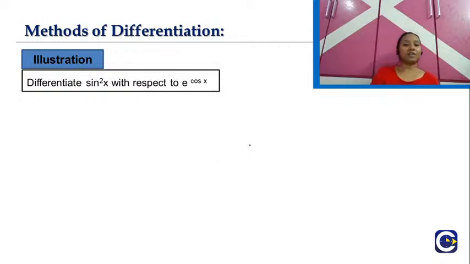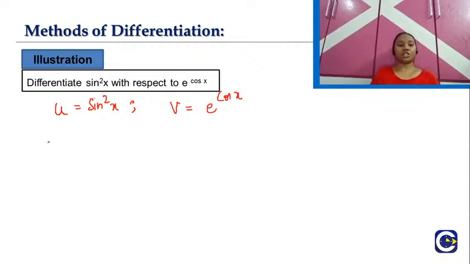So here they have given a question: differentiate sine square x with respect to e power cos x. Let your u function be sine square x, and your v function be e power cos x. So you have to find the differentiation of u with respect to e power cos x, which means with respect to the v function.